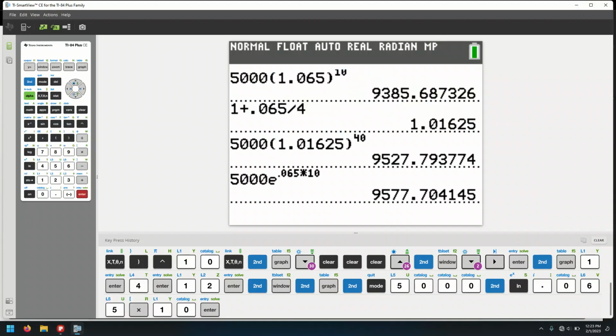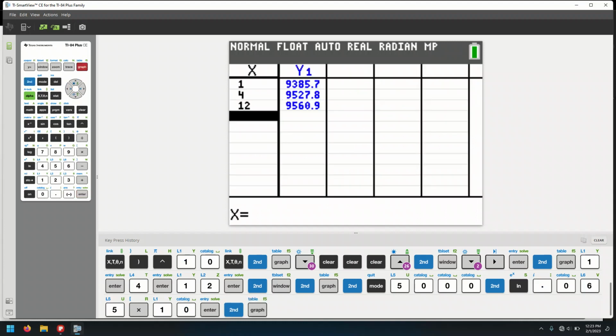So here is what we're going to do. I'm going to go back to the table and ask the calculator to generate an investment for more trials a year. For example, 12 is for monthly. How about weekly? So I'm going to type 52. All right.